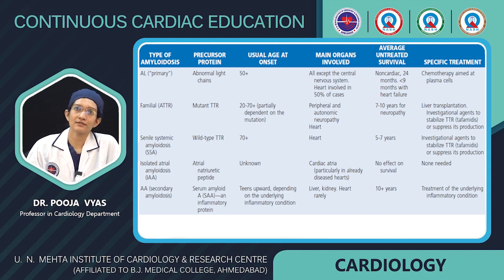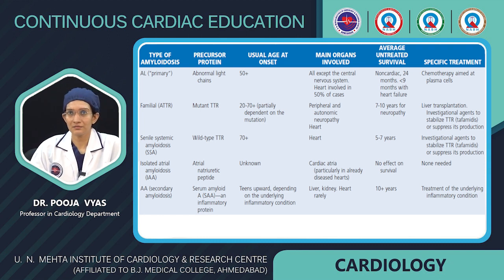The usual age of onset is the 50s, and cardiac involvement is found in up to 75% of the cases. All organs can be involved except the central nervous system. And then if it is ATTR transthyretin type of amyloidosis, it can be either mutant or wild type transthyretin amyloidosis.